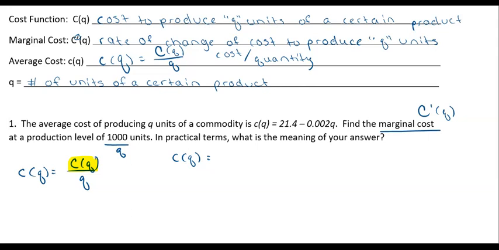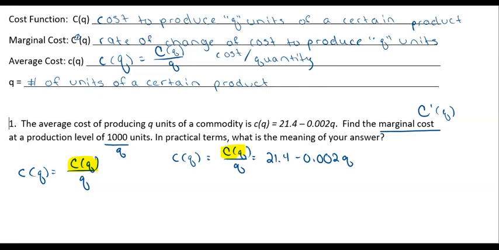So our average cost is our big C of Q over Q, and that's equal to 21.4 minus 0.002 Q. Well, I'm trying to get to this big C of Q so I can get to my cost function. So that means that I can take the derivative of the cost function to get to the marginal cost.